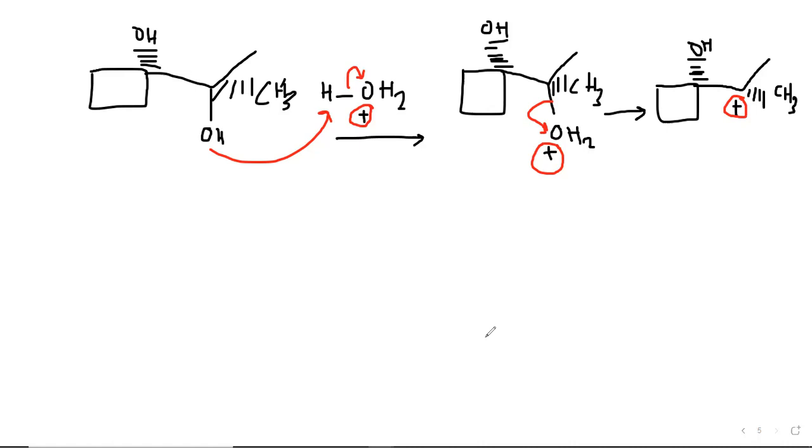So the next thing that's going to happen is that the electrons are going to fall down here, causing this bond between this carbon and this carbon to break, making an attachment to take place where that H2O has just left. So even here we can say minus H2O to show that we've removed an H2O there.